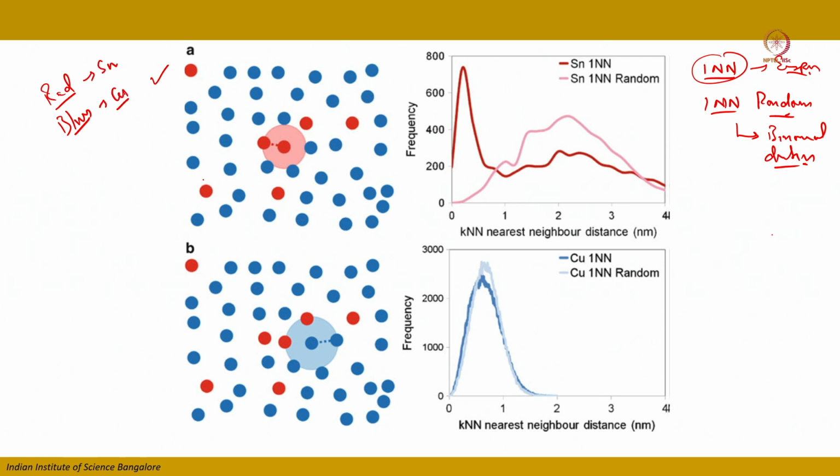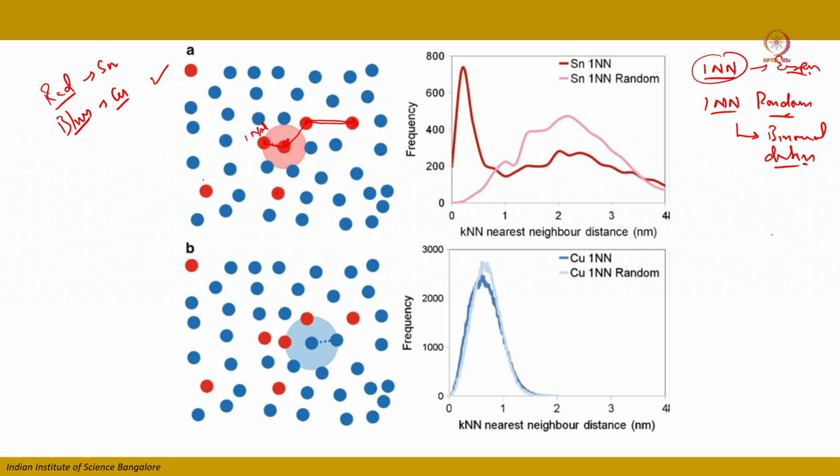Fine, and you can see that for this red color atom, if you draw the first nearest neighbor, then you can see the distance between this atom and this first nearest neighbor atom. Okay, and similarly for each atom it is calculated. For example, if you take this as a center, the first nearest neighbor is this particular atom. If you take this as a center, the first nearest neighbor will be this atom, and these distances are actually measured and plotted as a frequency versus the nearest neighbor distance.